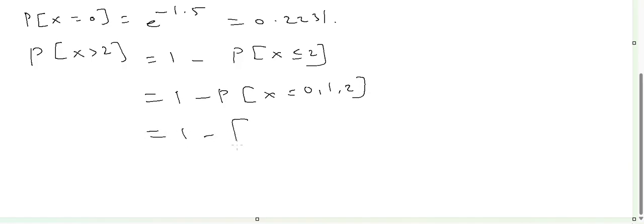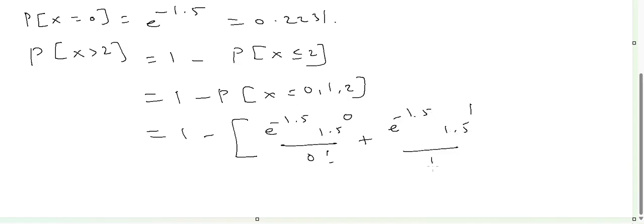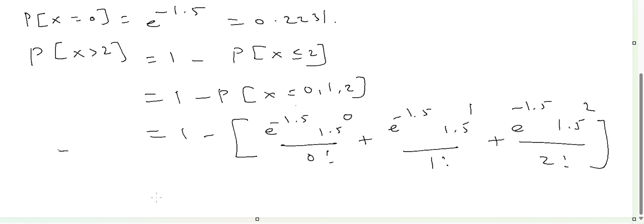That is 1 minus [e power minus 1.5, 1.5 to the power 0 by 0 factorial plus e power minus 1.5, 1.5 to the power 1 by 1 factorial plus e power minus 1.5, 1.5 power 2 by 2 factorial]. When you simplify all three, it comes finally to 0.1913. Likewise, you can do as many problems once you get a clear idea.